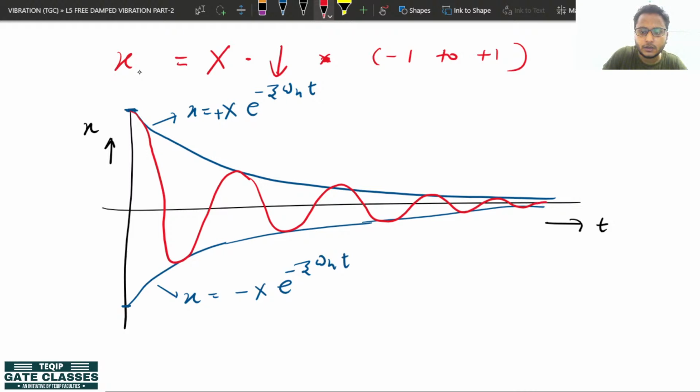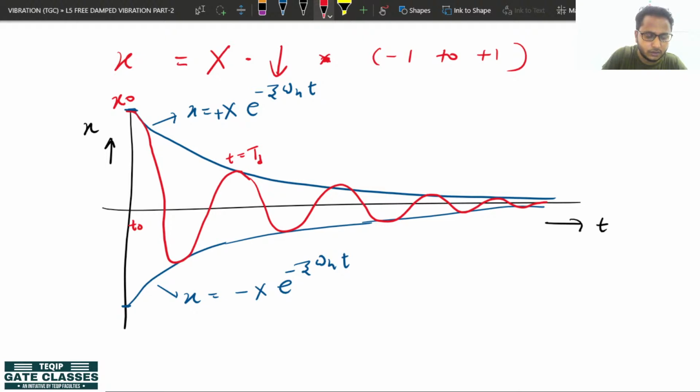Okay, I think it is understandable to all. So we are going to find out the amplitude at each peak, the maximum values of amplitude. At t equals to 0, t naught, we will have the maximum value x naught. Then this is at t equals to 0, and this is at t equals to the first time period, but this is the damped time period.